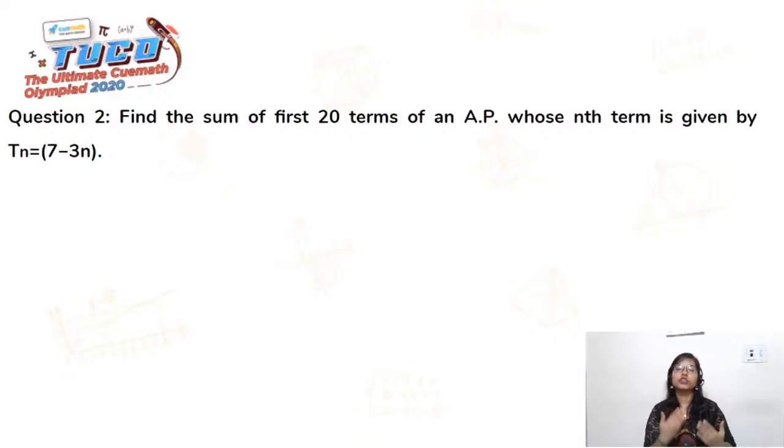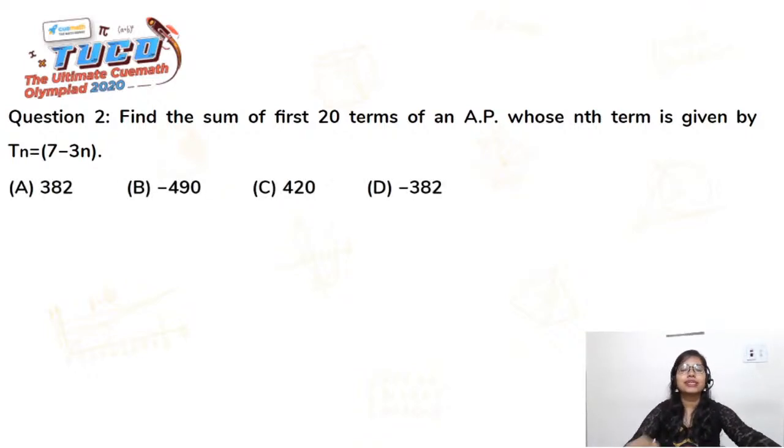So this is definitely going to be a little higher level compared to your basics. If you have to get through these questions easily, please refer to the basics of NCERT first. That would help you a lot in AP. Refer to NCERT or whichever textbook you're following, then get back to the session and try solving these problems. So here go the options. Let's see who has got the right answer.